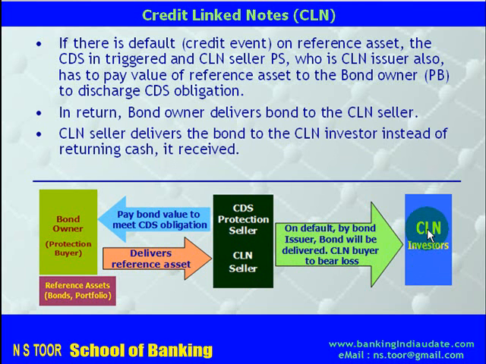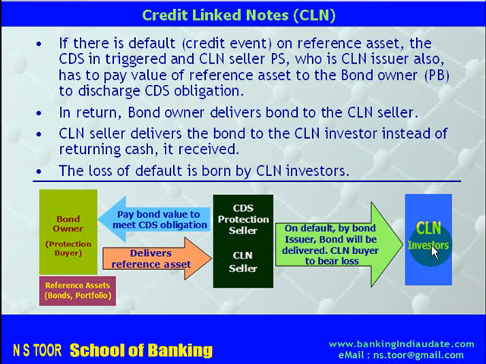They get the physical possession of that bond, on the basis of which they can recover whatever money they can recover. It means in case of default, the risk will be borne by the CLN investors.